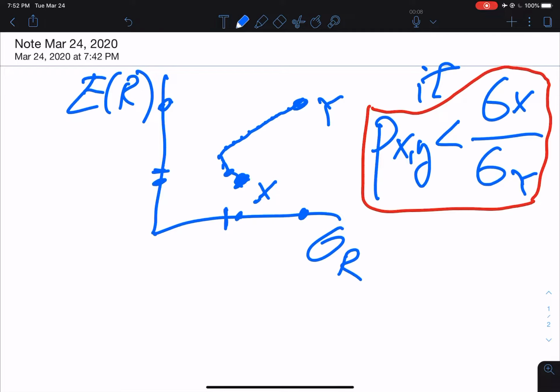And that line there has a name. It's called the feasible set.